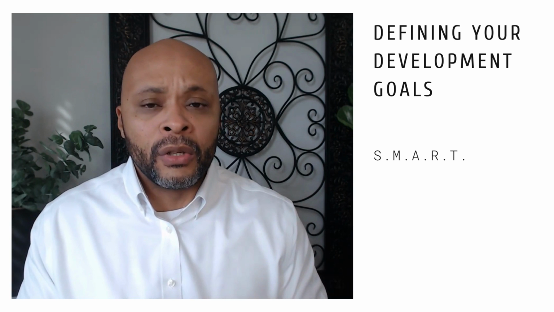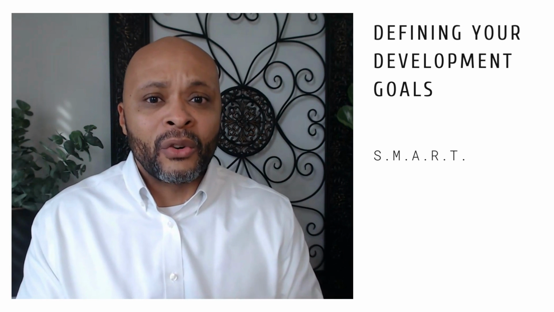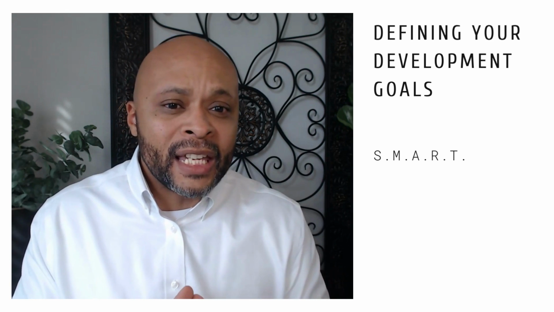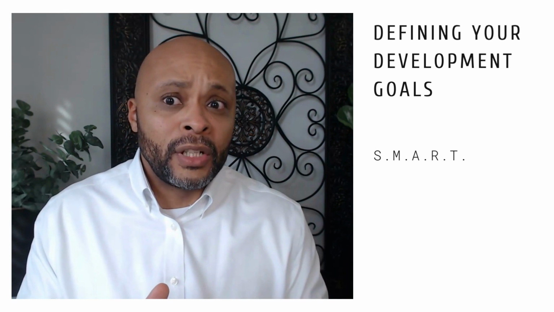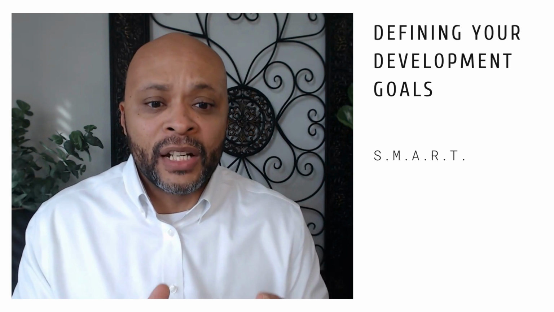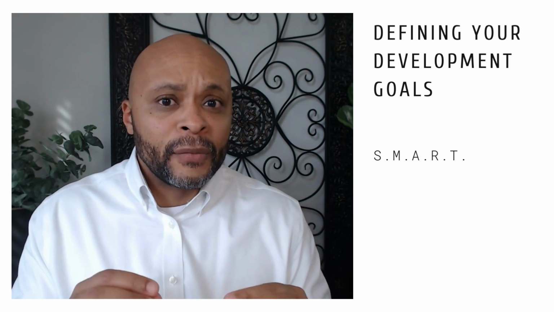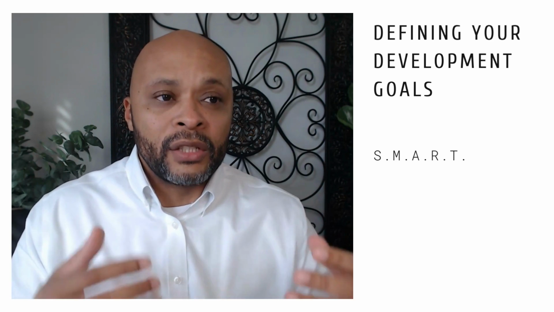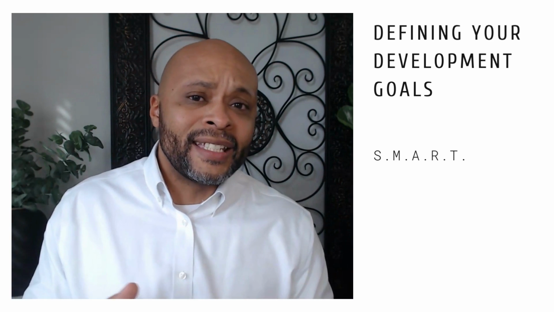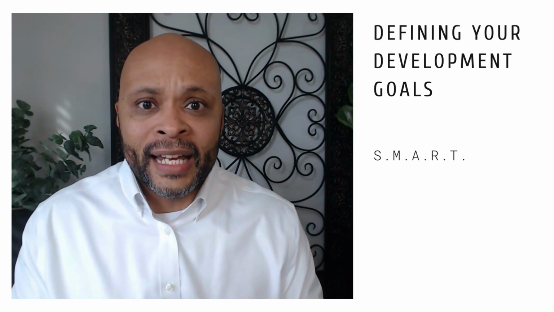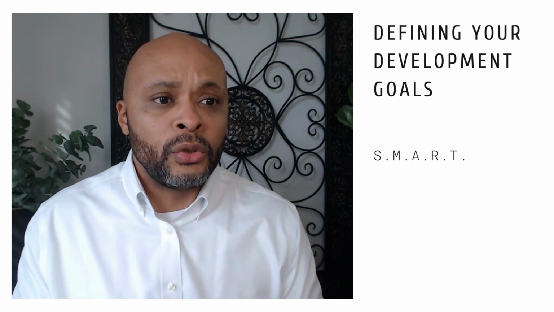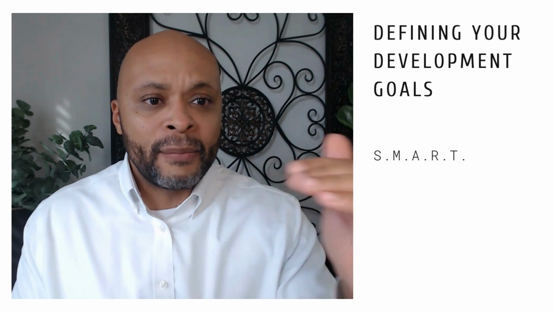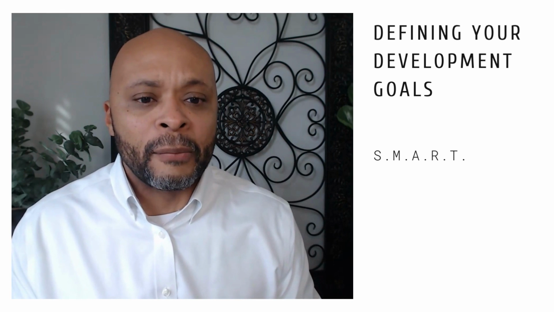M is measurable, because you want to have some kind of criteria to gauge your progress towards that goal. A is for achievable. You want to make sure that it's something that you can actually achieve. R is for realistic, which is pretty much similar. You want to be realistic about the goal that you set for yourself. And T is timely. You want to set deadlines to give you a time frame and a benchmark for when you're going to accomplish that goal.